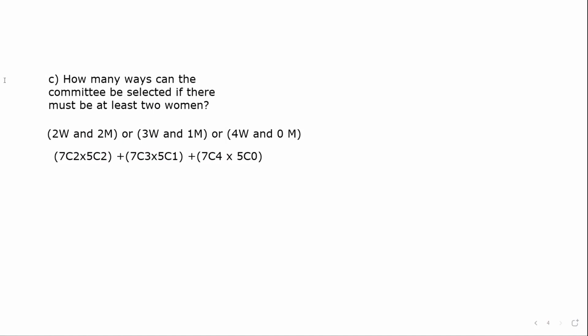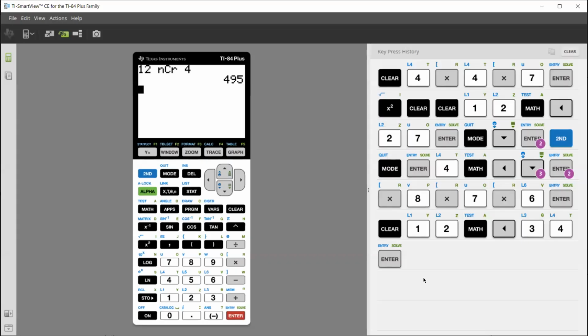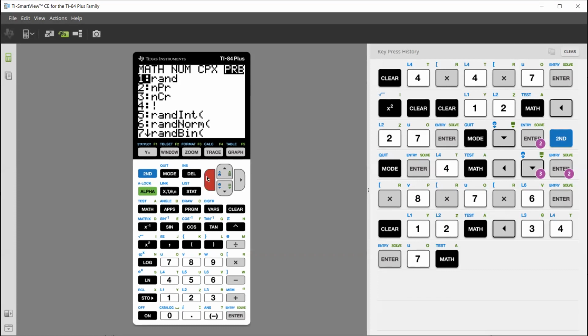So here, let's do some calculations on the calculator. So we have 7 choose 2, that is 7, math, probability, 2, and check.